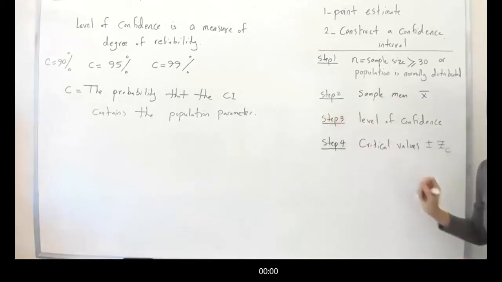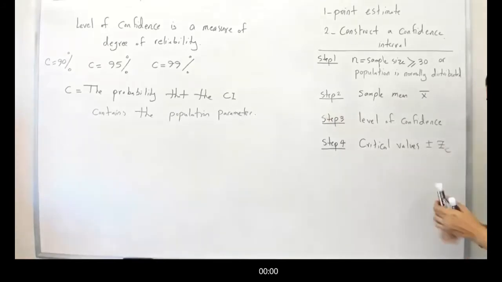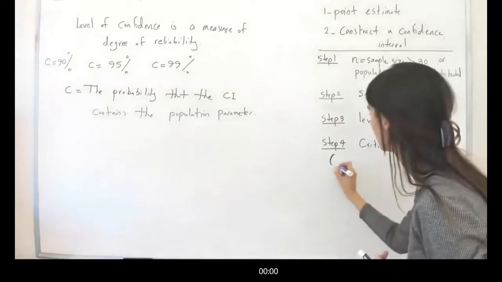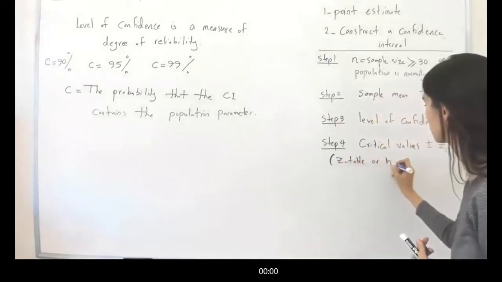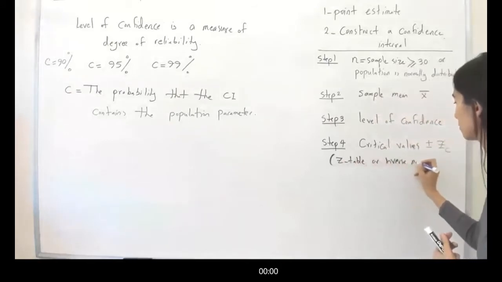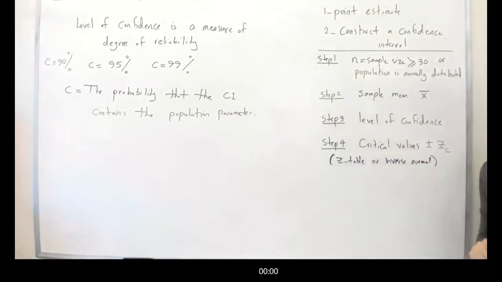Your next step is to find your z values, using inverse norm. So by using your z table or inverse norm, I'll show you. You have to subtract the level of confidence from 100%, or 1, and divide by 2. We're going to go over an example.